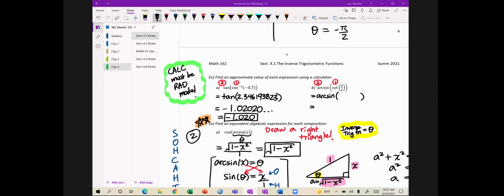So you want to make sure the intermediate step, you leave out all the places. You only want to round your final answer. Inverse cosine of negative 0.7, that's 2.346193823. If you cut that off early, your final answer will be wrong. So if you put in negative 1.021, it probably would mark that wrong.